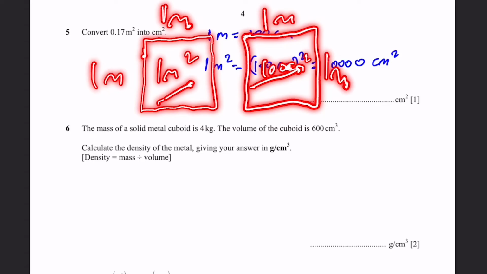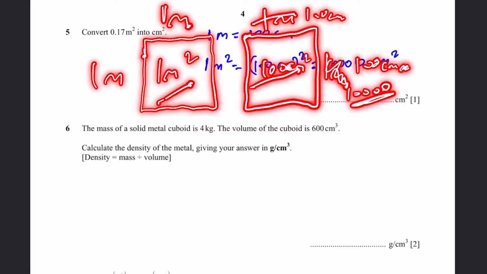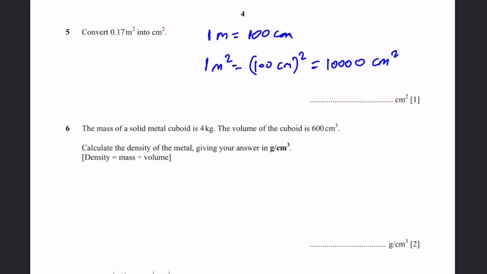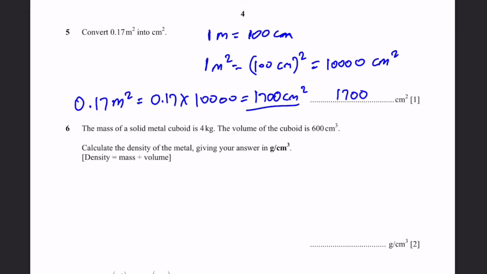But then 1 meter is 100 centimeters. And if you multiply it, you'll get 10,000 centimeters squared. You won't get 100 centimeters squared like we want. So therefore, 1 meter squared is just 10,000 centimeters squared and not 100. So therefore, 0.17 meters squared is equal to this multiplied by 10,000, which is 1700 centimeters squared. That's our answer.